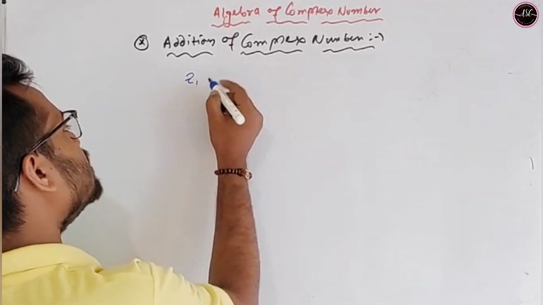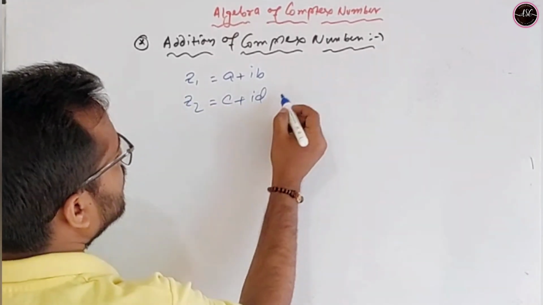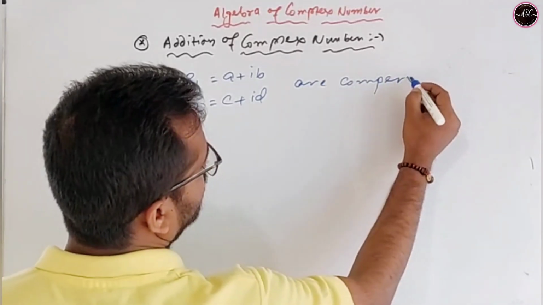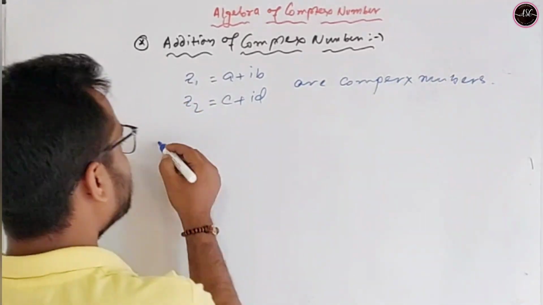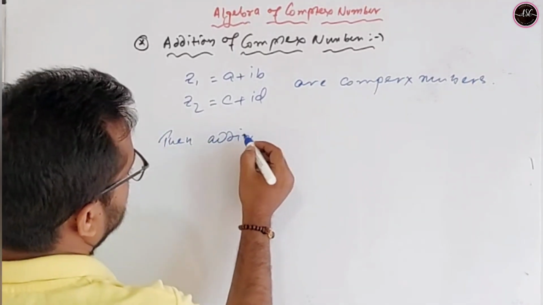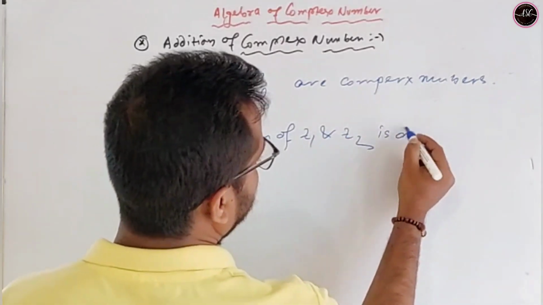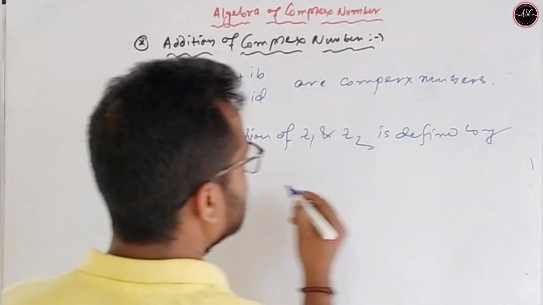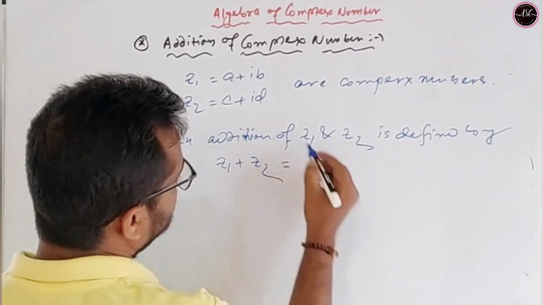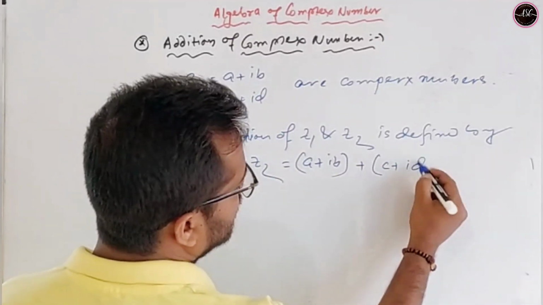Let z1 equal to a plus ib be a complex number, and z2 equal to c plus id be another complex number. Then the addition of z1 and z2 is defined by z1 plus z2 equal to a plus ib plus c plus id.